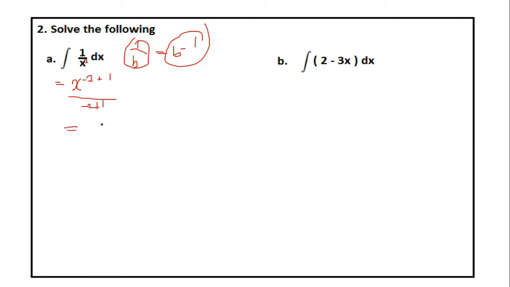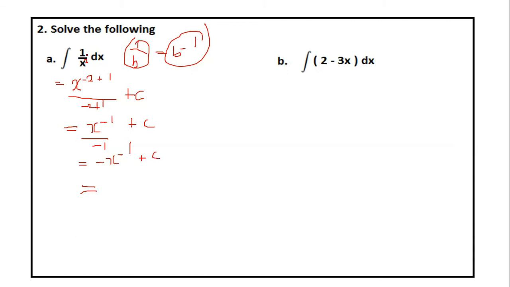Then this one will simply be equal to negative 2 plus 1 is negative 1. So this one will be x to the power negative 1, then over negative 1. So this one will be the same as negative x to the negative 1. So that becomes negative x to the negative 1. Then always remember, don't forget the plus c. So plus c should always follow, even there, plus c.